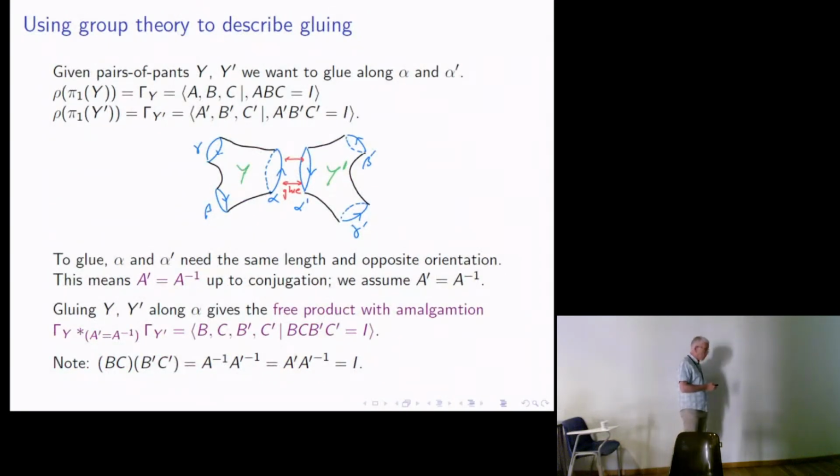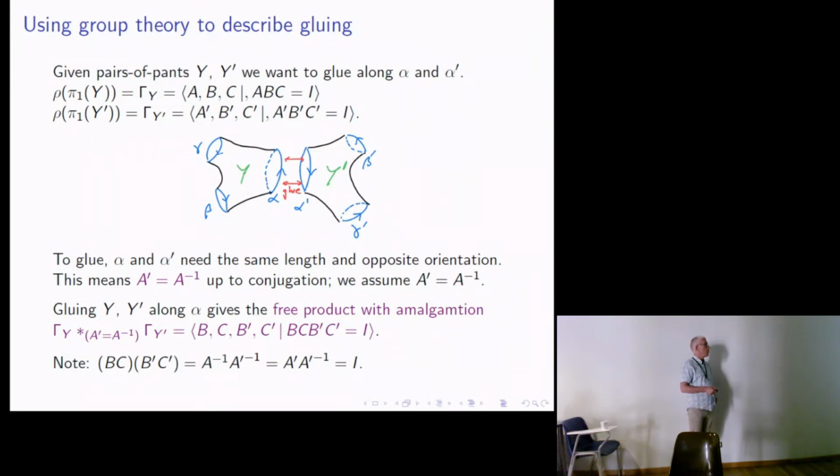Okay, so then here we've got two pairs of pants, Y and Y prime, with the fundamental groups A, B, C and A prime, B prime, C prime, so that their product is equal to 1. So remember, what did I need? I needed alpha and alpha prime to have opposite orientation, and I needed them to have the same length.